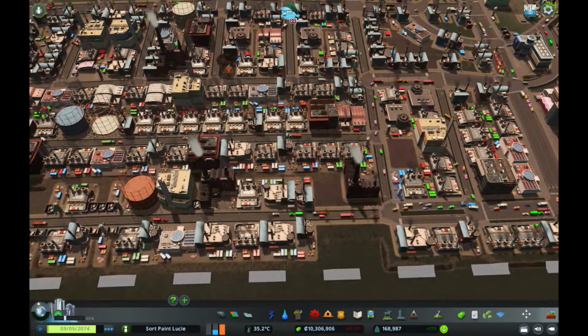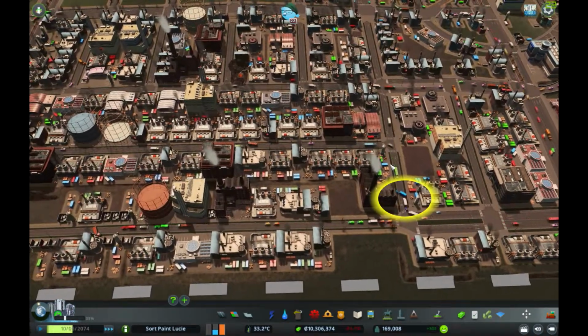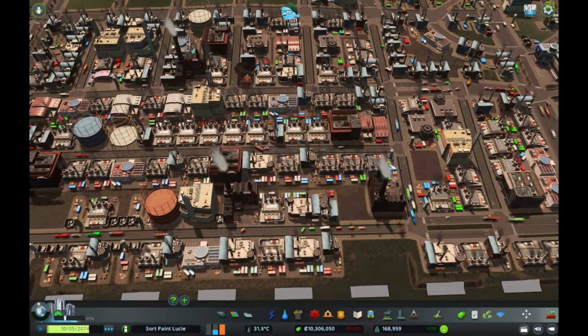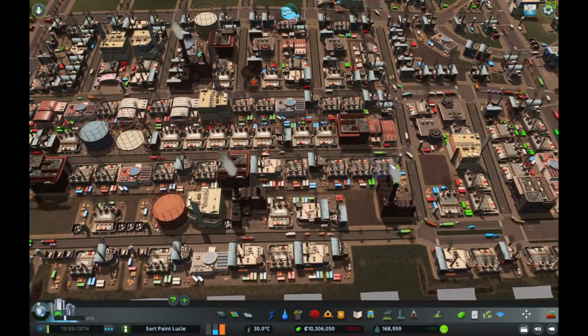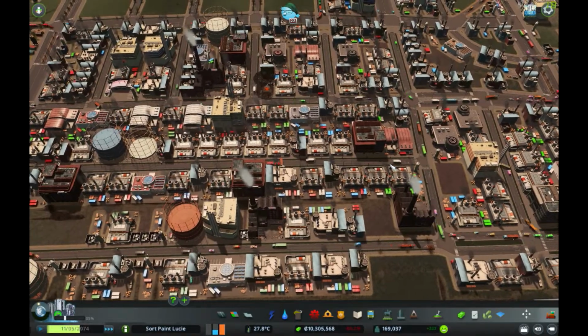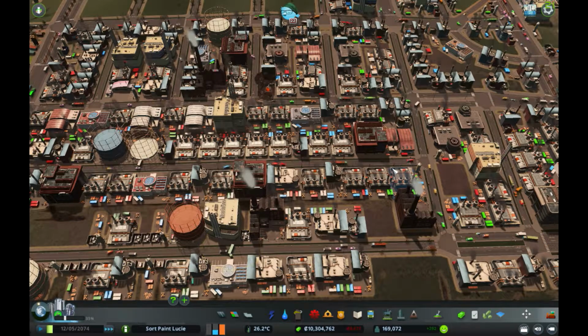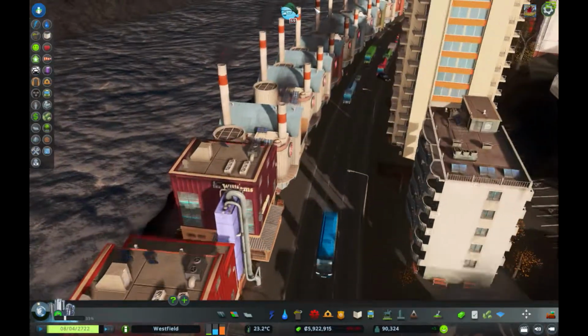And if you have both sides of the road zoned, it doesn't matter if it's a 6-lane, 4-lane, 2-lane, they're going to block the outer lanes, right? The left-hand lane and the right-hand lane whenever a truck shows up at an industry.